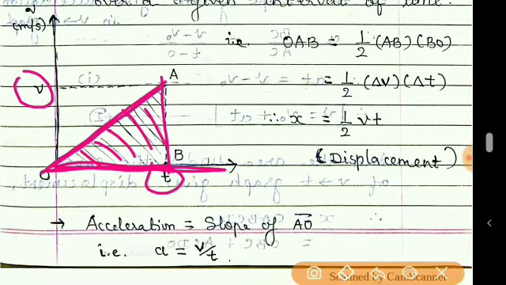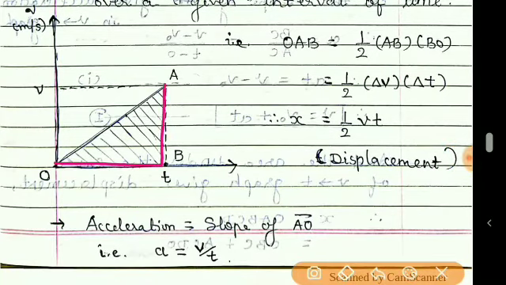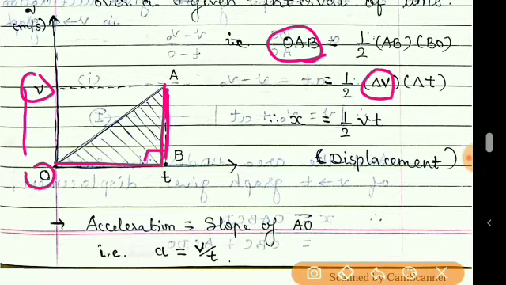So area of triangle OAB is half of AB into OB. So students, half of base into altitude will give us the area of this triangle OAB. But what is AB? AB is nothing but final velocity minus initial. So V minus 0 is V, that is change in velocity, so delta V is written here.